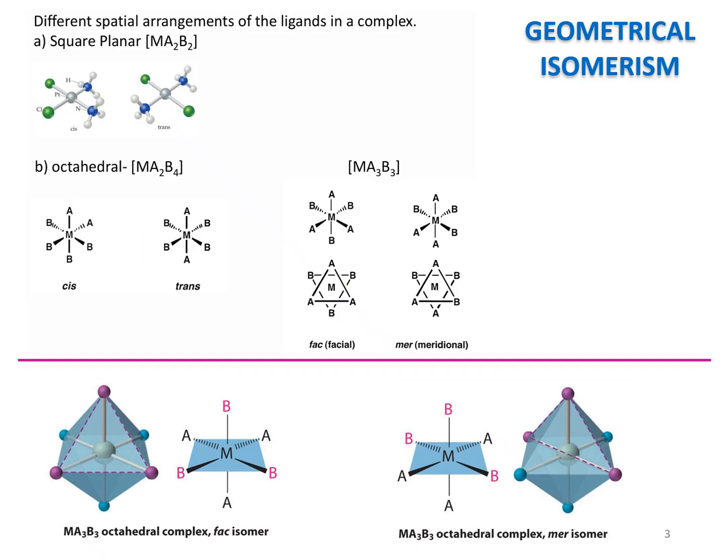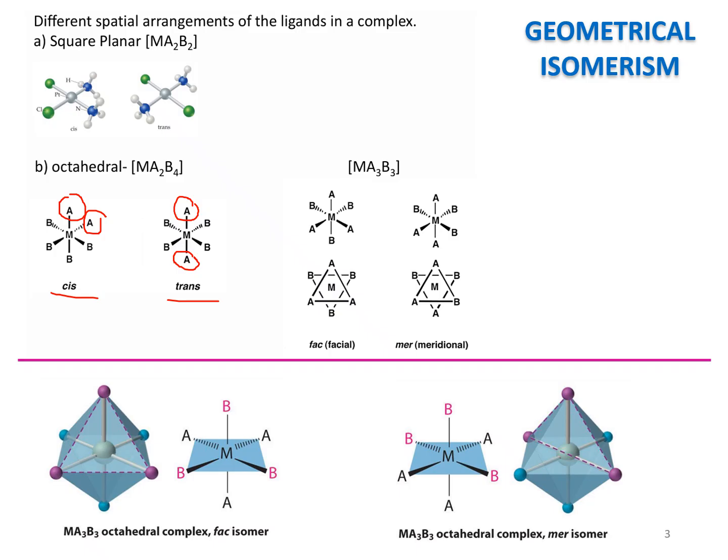The geometrical isomerism, there's cis and trans. Take into account two ligands that are positioned 90 degrees apart from each other. They are cis, while two same ligands that are 180 degrees from each other are called trans.